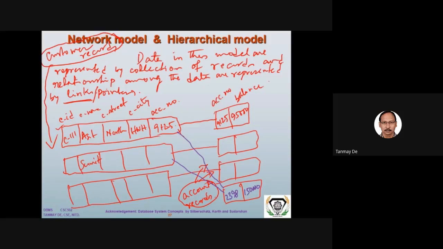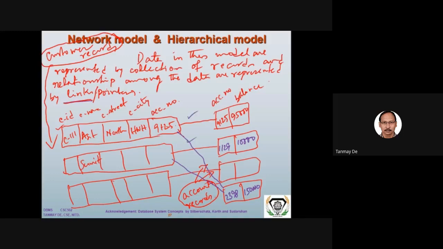This is the account number, say 1129, and balance is 10,000. Now what is described by this network data model? The network data model is represented by a collection of records, several types of records, and relationships among these data are represented by a link or pointer, like this one, this one, and so on.